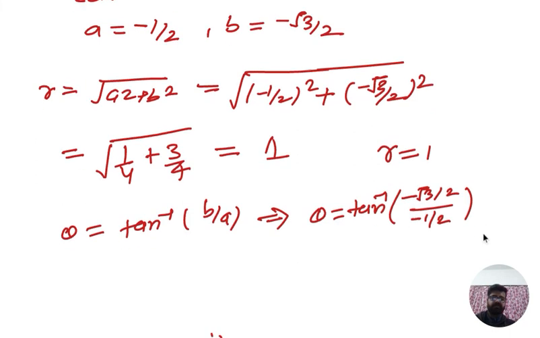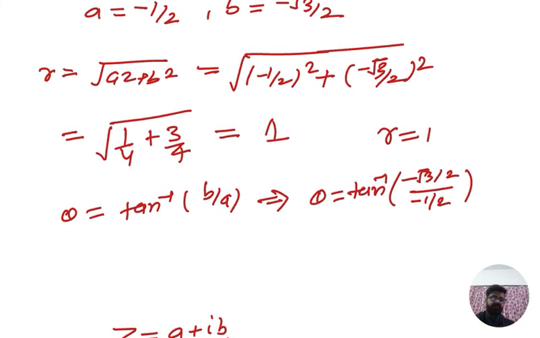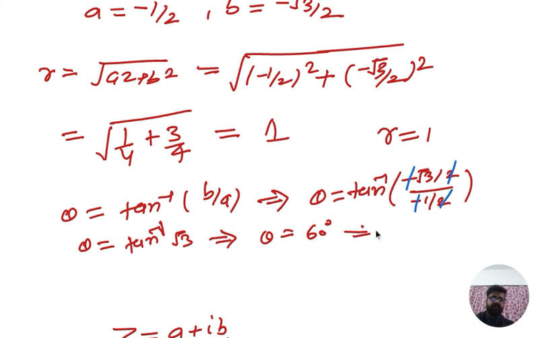So this will cancel out by this and this by this, so theta will come tan inverse root 3, and this is the value of 60 degree, or I can write in radian pi by 3.